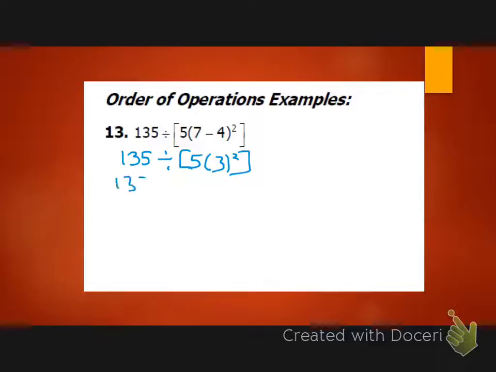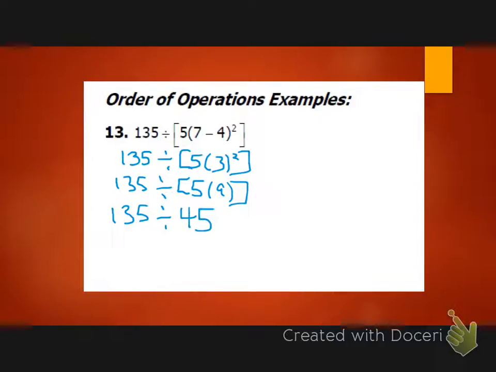So you've got 135 divided by 5 times 3 squared, which is 9. Now again, following inside that parentheses, remember brackets are just another form of parentheses, 135 divided by 5 times 9 is going to be 45.